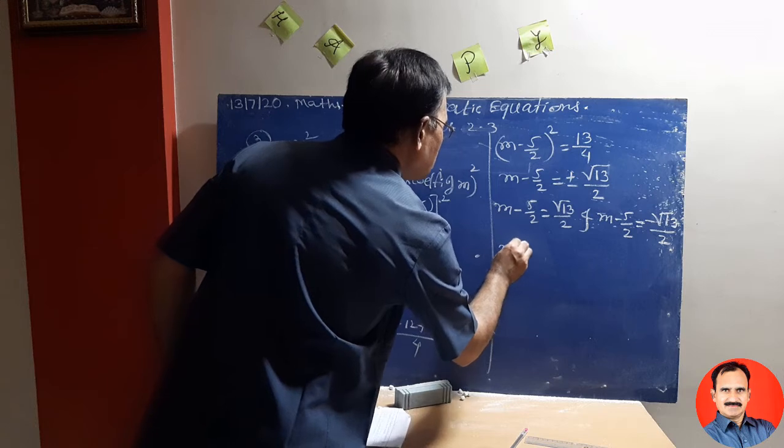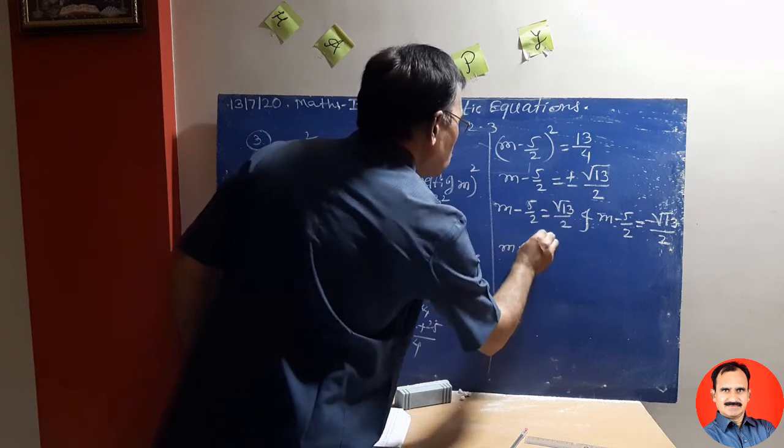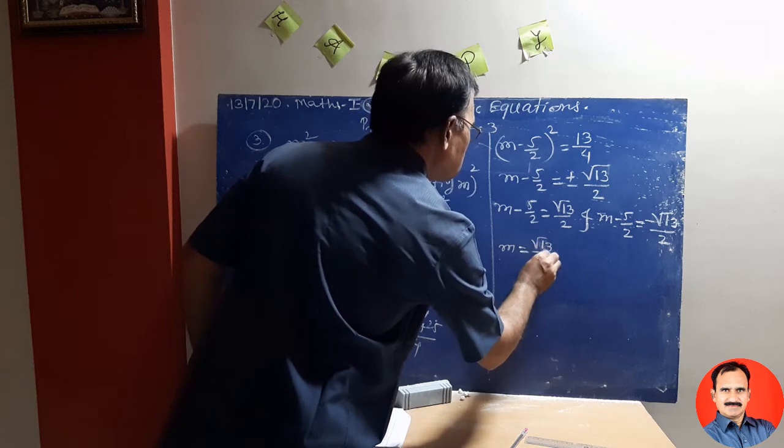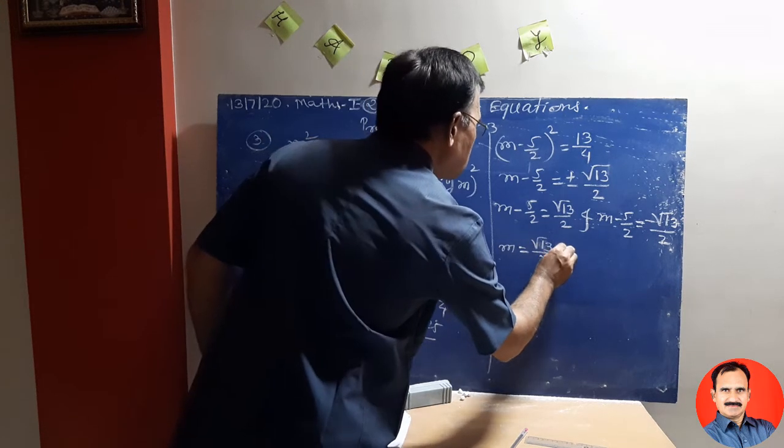Here m is equal to root 13 upon 2 as it is, minus becomes plus here.